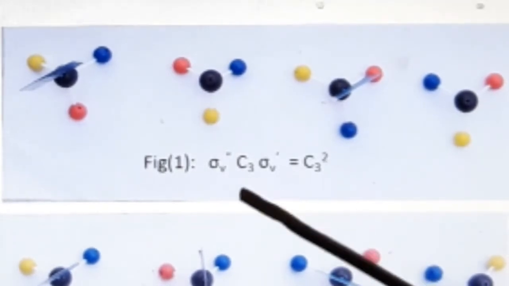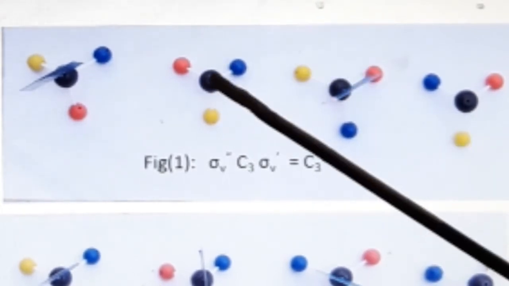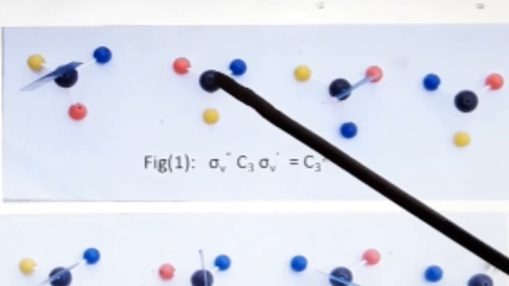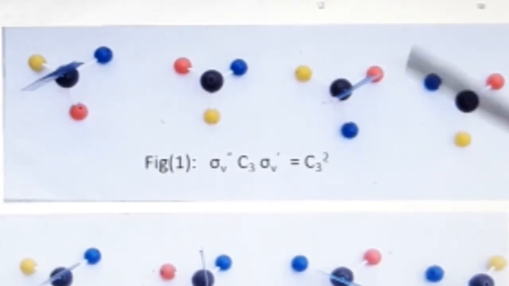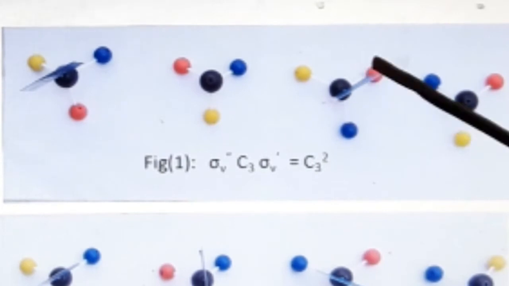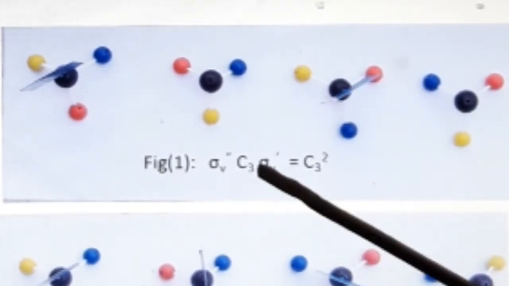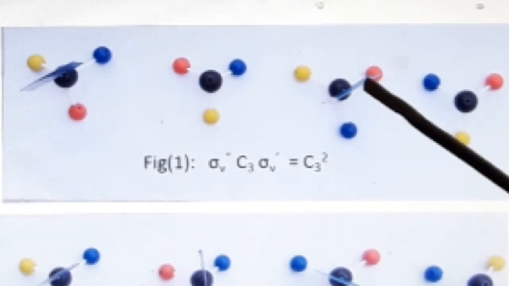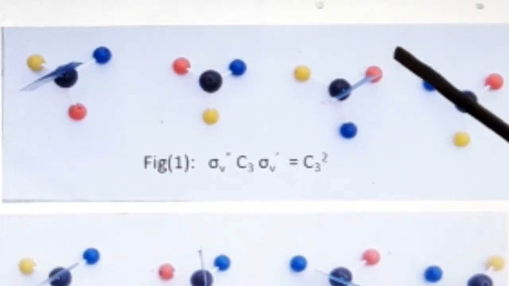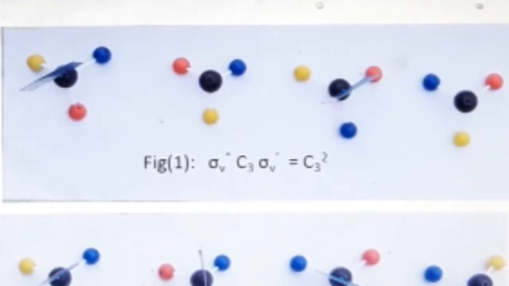Now the C3 operation will be carried out. If we operate C3, then this pink will be here, yellow will be here, and blue will be here. Now on this molecule, if the sigma V double dash operation is carried out, that is the plane passing through the pink hydrogen and this C3 principal axis, then this will be obtained.